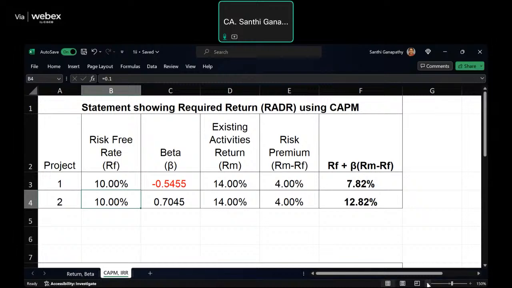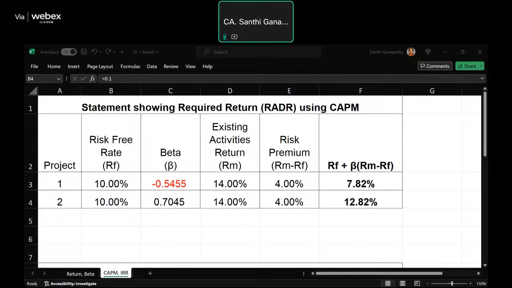It stated that the directors have decided to use CAPM. Advise the company regarding selection of the project using net present value and internal rate of return.